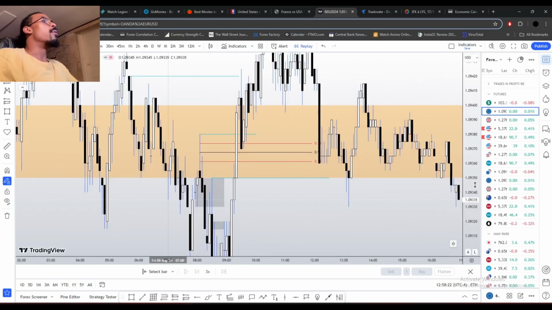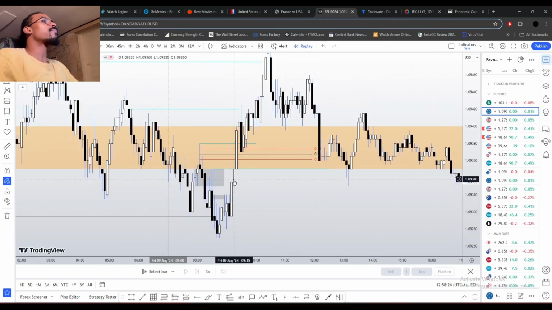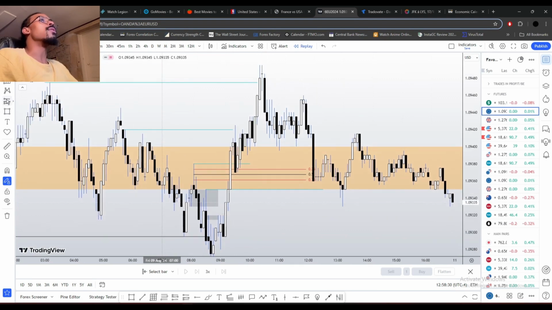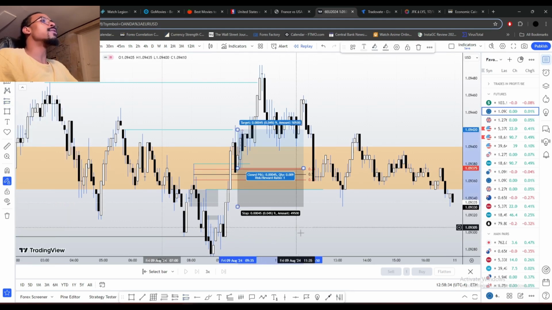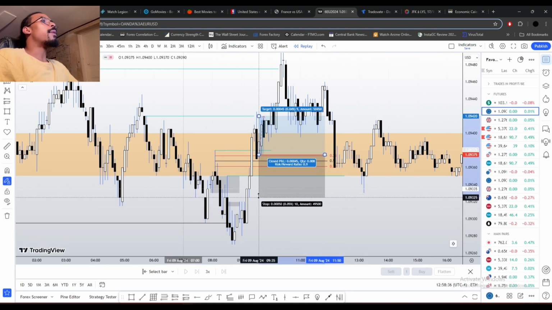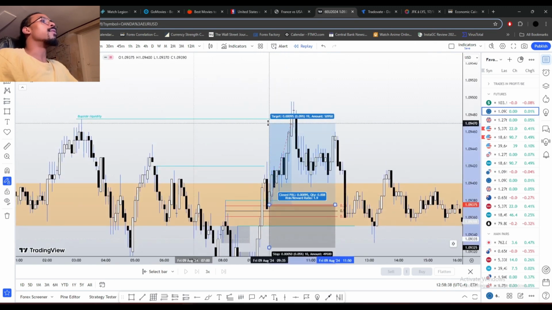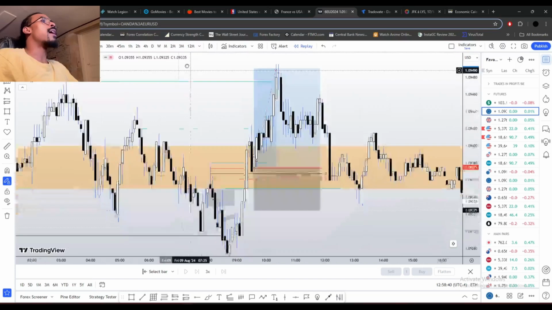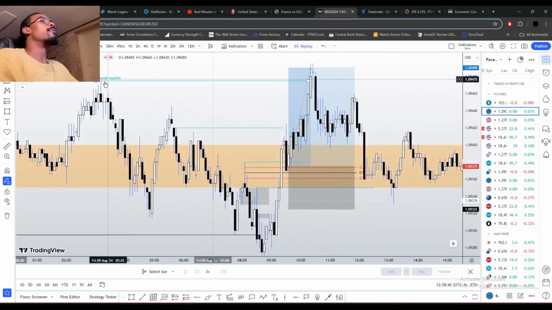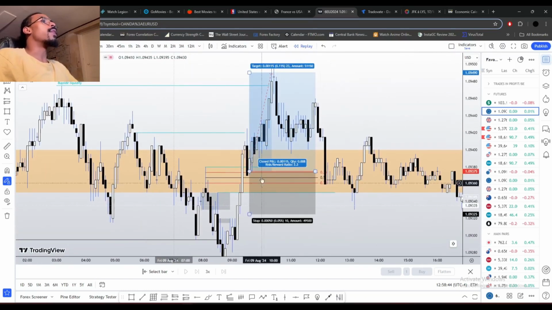I was not expecting price to redeliver all the way back into this fair value gap. I was expecting that to be left open. So my next entry was here at the 25%, my stops was there, and my target was above this high here, above buy side right here. So that was my second trade.